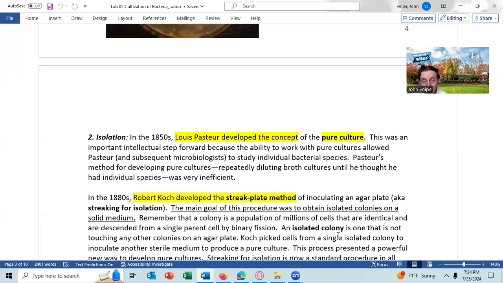When he passed the cells through 2 colony formation events, he correctly concluded that the cells were most likely pure.